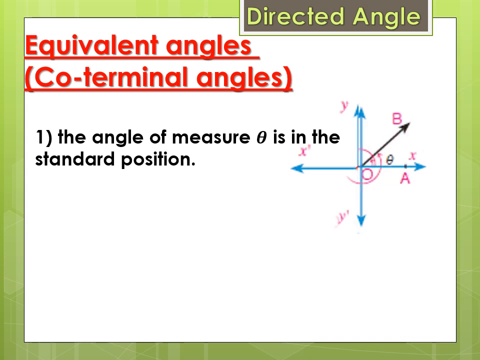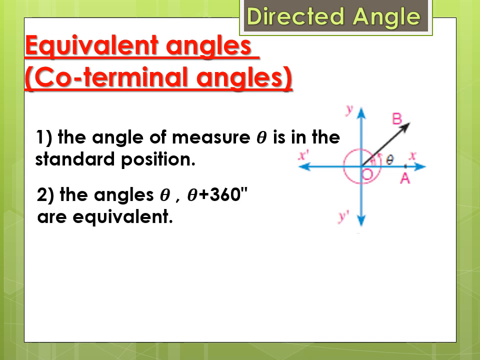But if OB moved around O again and stopped at the same position OB, this angle will be what? 360, yes, this angle will be 360 plus theta. So the angle theta and 360 plus theta are equivalent, because the same initial side and the terminal side are in the same position.